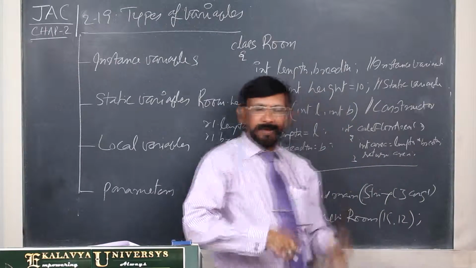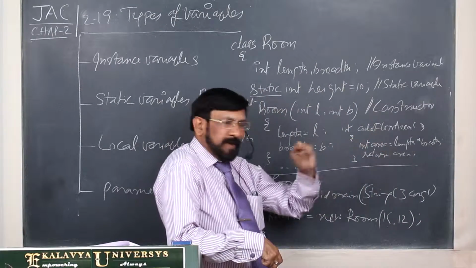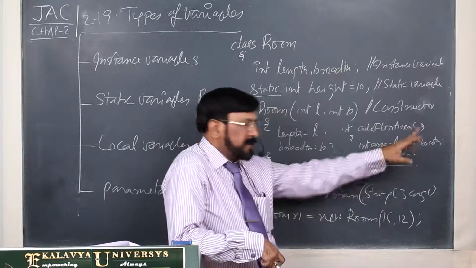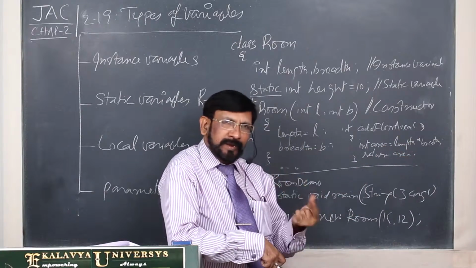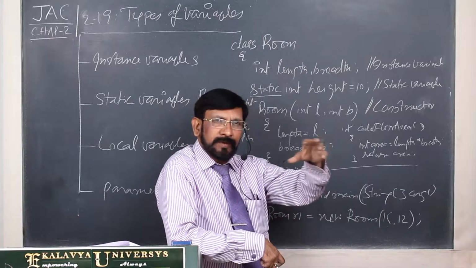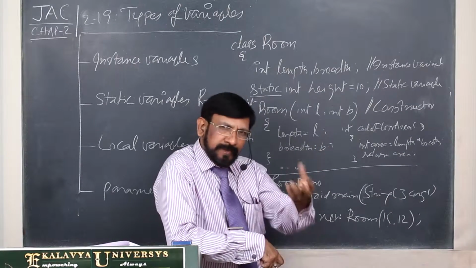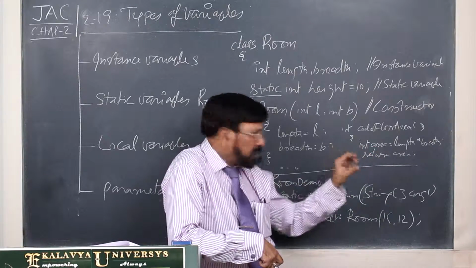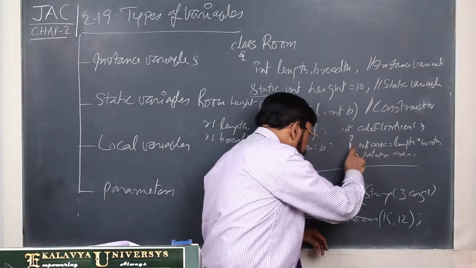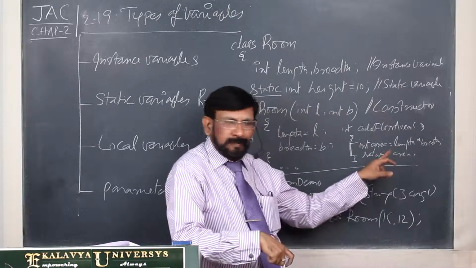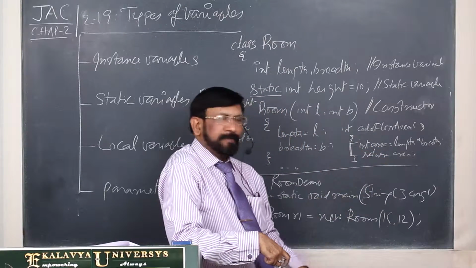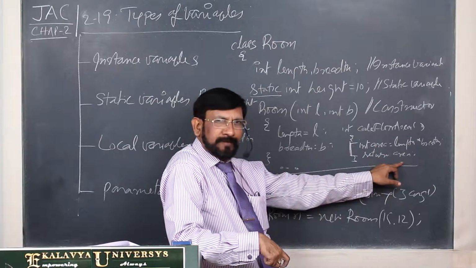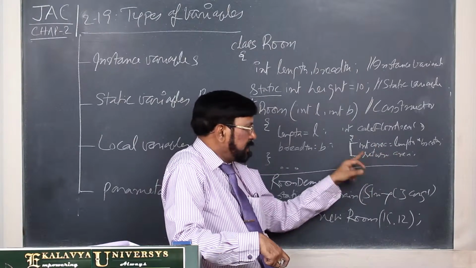What is the local variable? Actually, we have to create a new value here. If you take length and breadth, when you create a new value, it should be stored in one place. One variable is required. So we are creating one variable temporarily for this purpose only. One variable we created: area. Then after that, you should return the area.